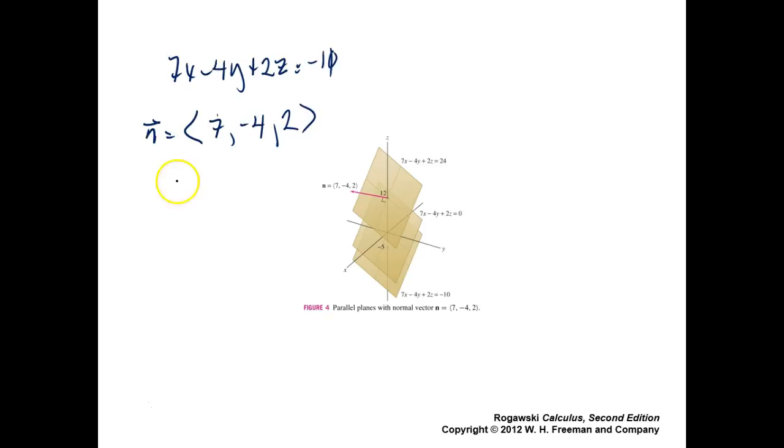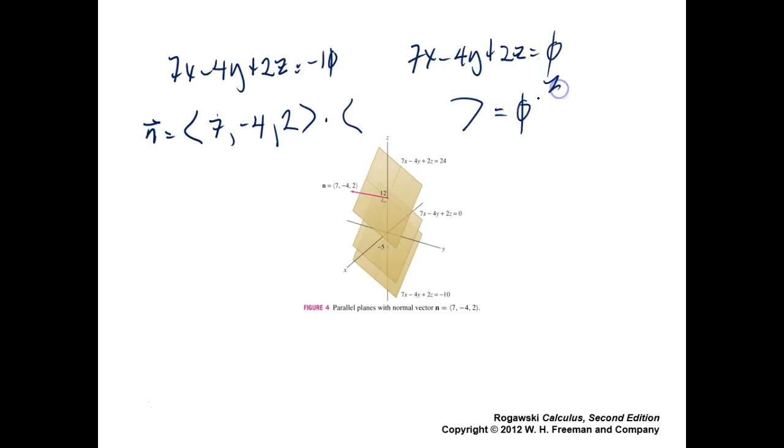0. So the one that goes through the origin is 7x minus 4y plus 2z is equal to 0. That goes through the origin. Now, why is that true? Because the normal dotted with the point that's on the plane, any point on the plane, has got to equal 0.